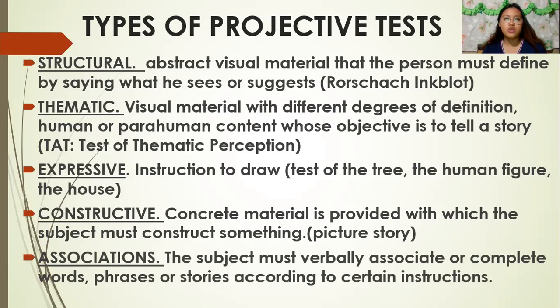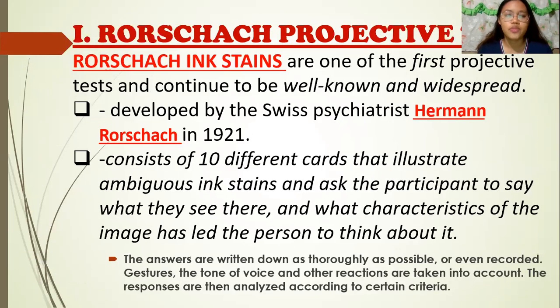So let's start with the first basic type of projective test, or the most commonly used type of projective test. Let's discuss the Rorschach projective test, commonly known as Rorschach ink stains or ink blots. This is the first projective test and continues to be well known and widespread. It is one of the most famous and common projective tests that we use nowadays.